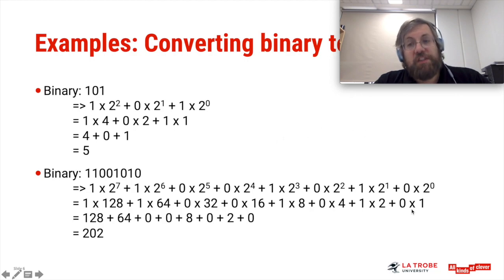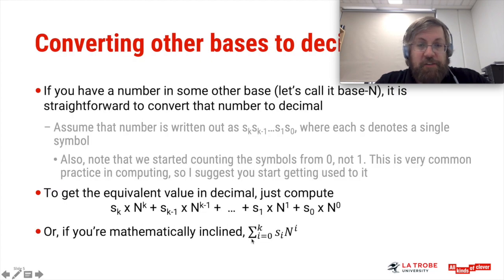Which turns into 0 times 1, plus 1 times 2, plus 0 times 4, plus 1 times 8, plus 0 times 16, plus 0 times 32, plus 1 times 64, plus 1 times 128. In other words, that's 128 plus 64 plus 8 plus 2 equals 202. Okay? And that's just a specific example of this formula where n is 2.